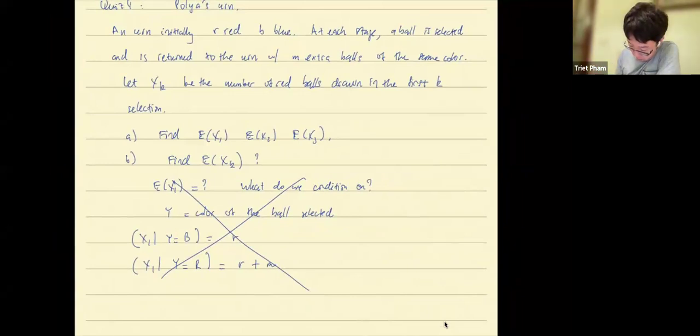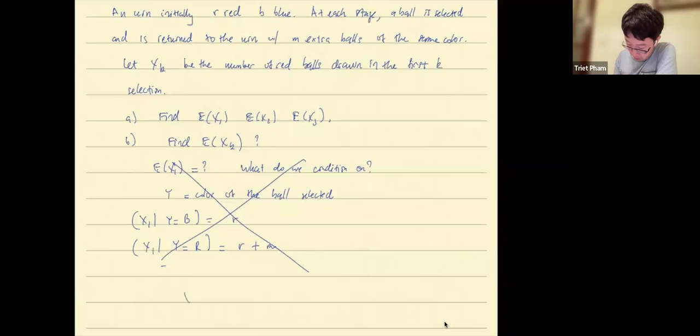So the first selection: you draw one ball, and that ball can be red or blue. If you look at X1 itself, what is X1?